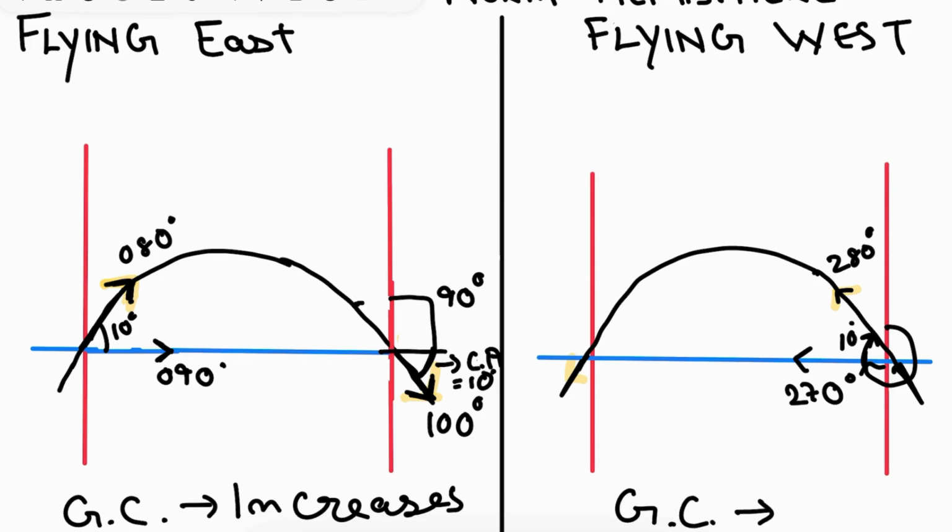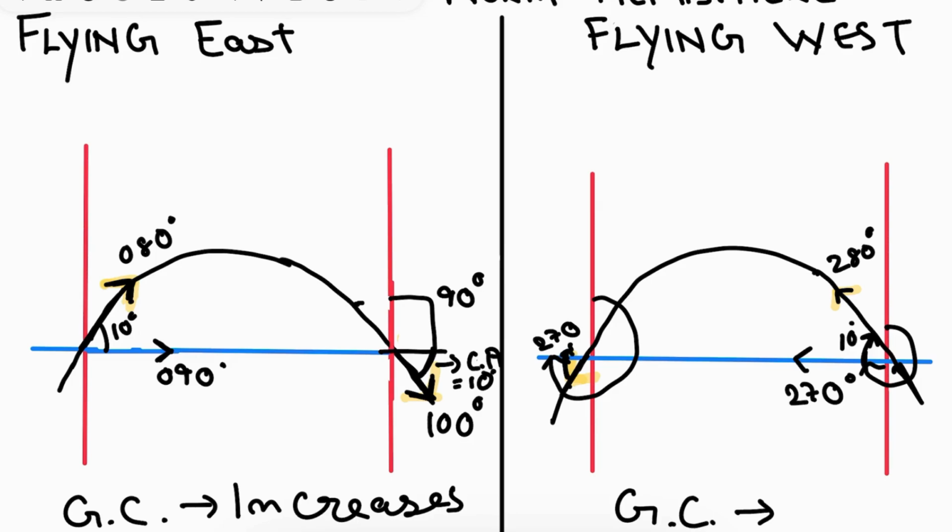Here we know that this whole angle is 270, right? This is the 270 angle. But we need to know the highlighted yellow angle, which is the great circle at arrival. This angle is 10 degrees.